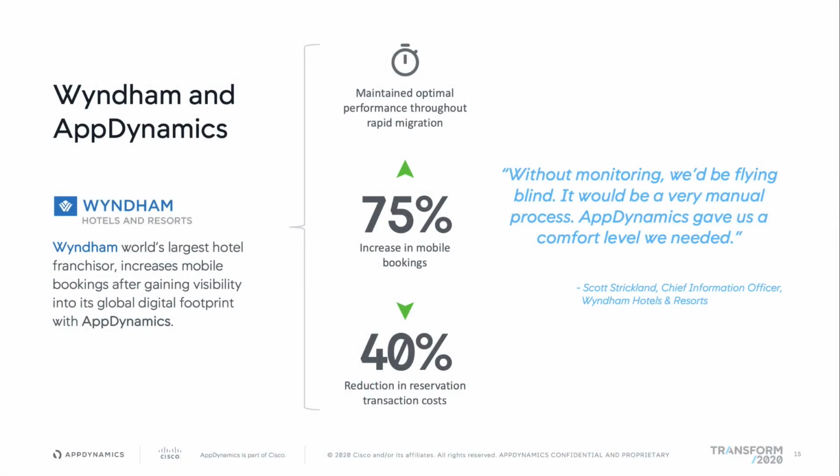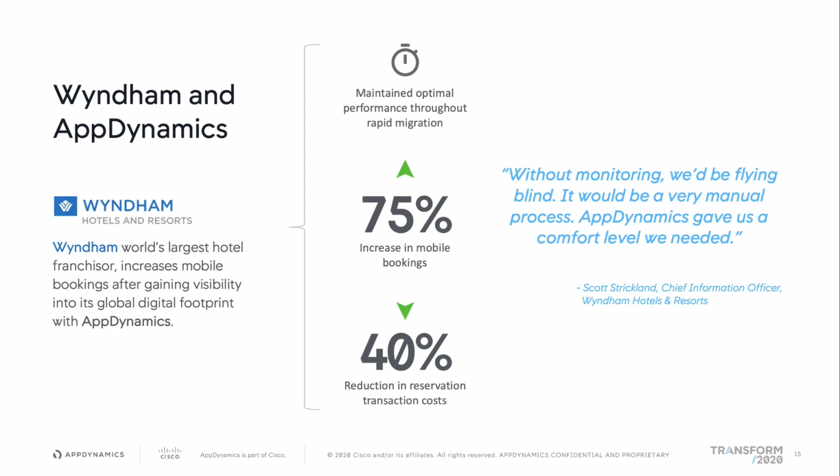Now that you have seen a quick demo, let's get back into how our customers have used AppDynamics in their cloud migration journey. Now, Wyndham used AppDynamics in their cloud migration journey, and they were able to optimize the performance throughput rapidly during the migration process. They were able to increase mobile booking by 75%, as well as reduce reservation cost by 40%.